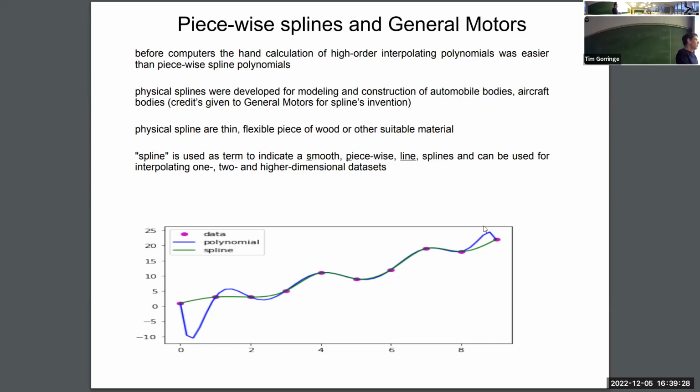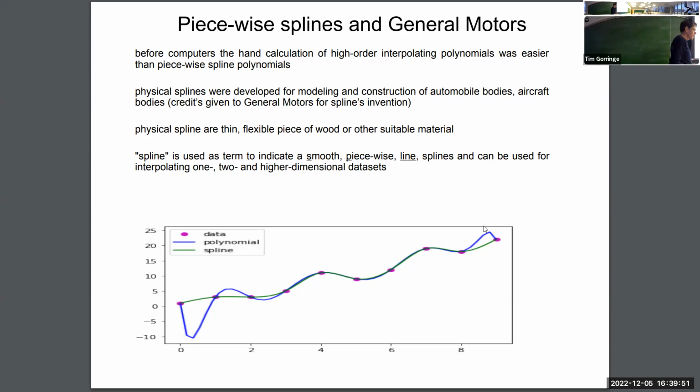So they were literally like pieces of wood or pieces of flexible material that you could bend around a series of points and in that way physically interpolate, rather than mathematically or computationally interpolate. So that's the origin of the spline.